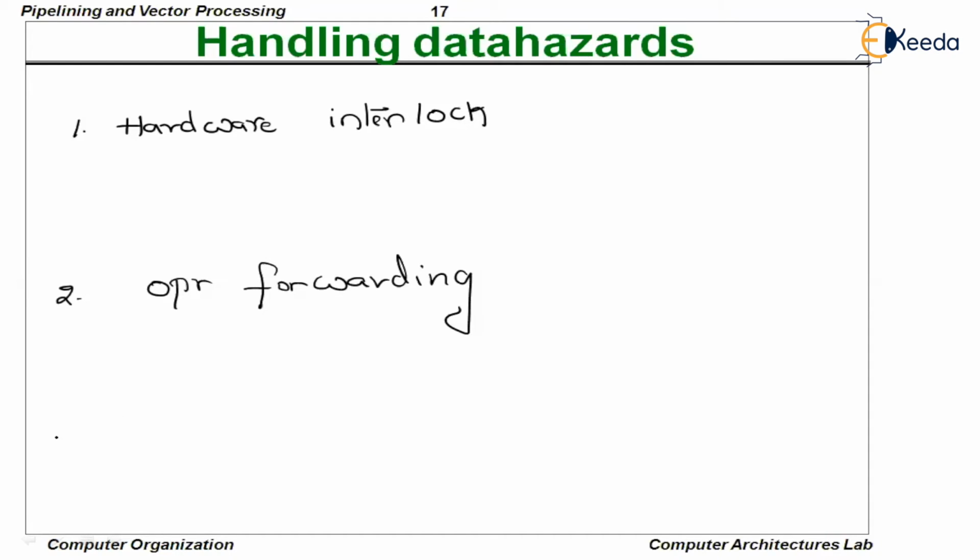And the third one is delayed load. Simple. Here the hardware interlock approach is going to identify the dependencies in between the instructions.